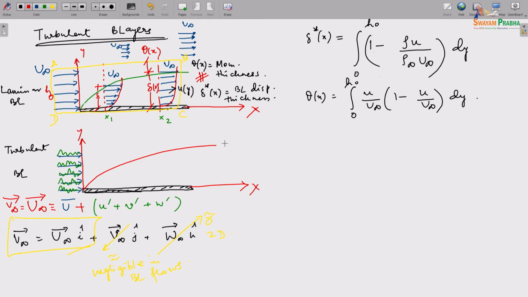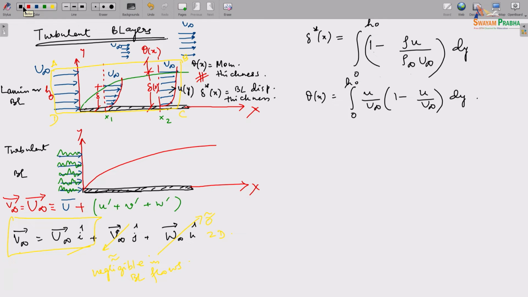So, the point is, how do I redefine the boundary layer thickness, displacement thickness, momentum thickness? Well, what you do for the turbulent case is essentially this. The definitions all remain the same, except this is the difference.